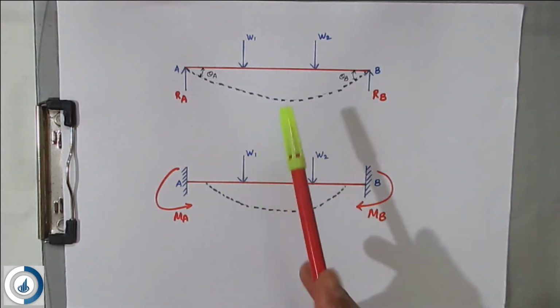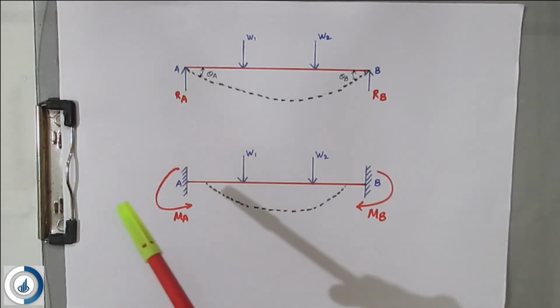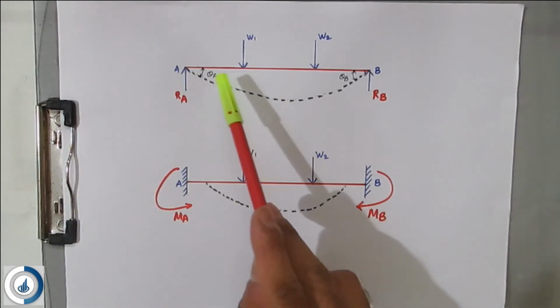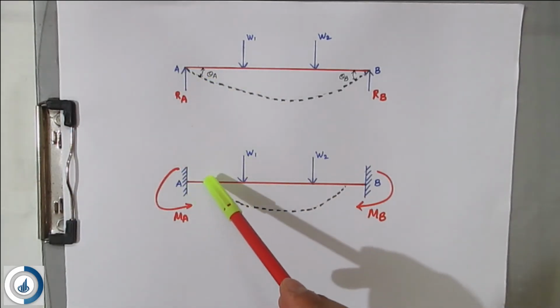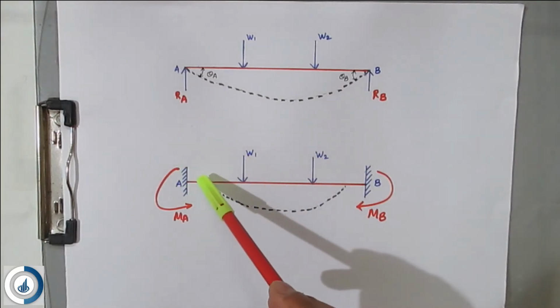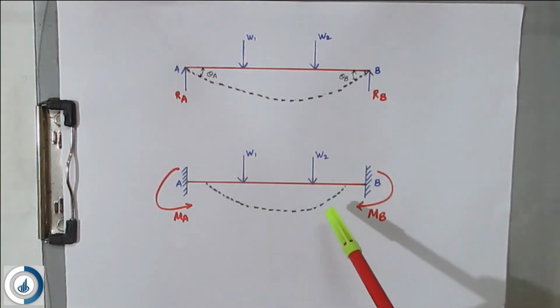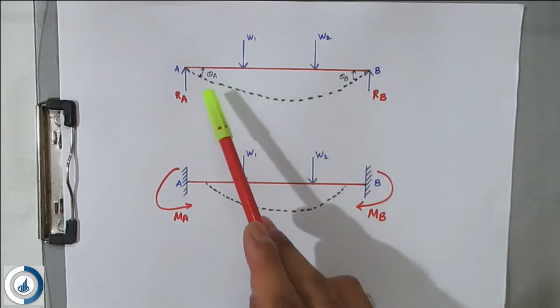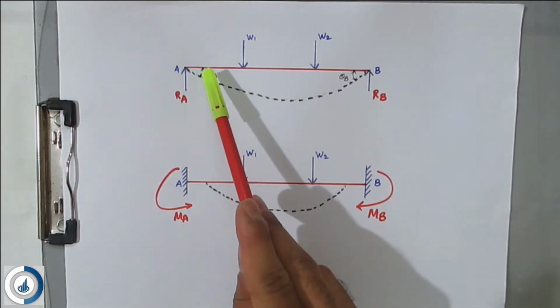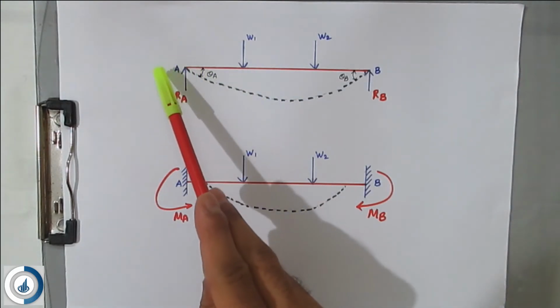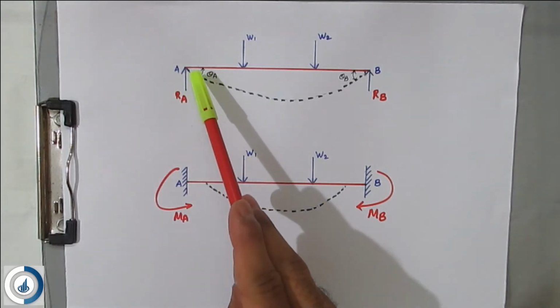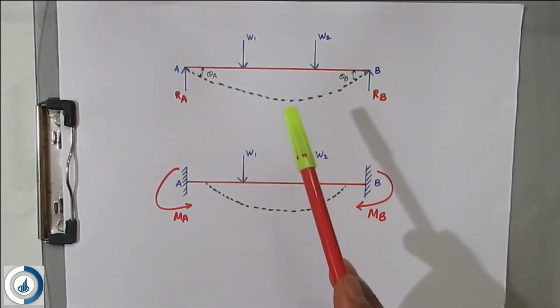So how will you arrest these supports, how will you make the rotation 0 on both ends? Let's go back to the above figure. Here you can see there is nothing to resist this rotation, nothing at the corners.